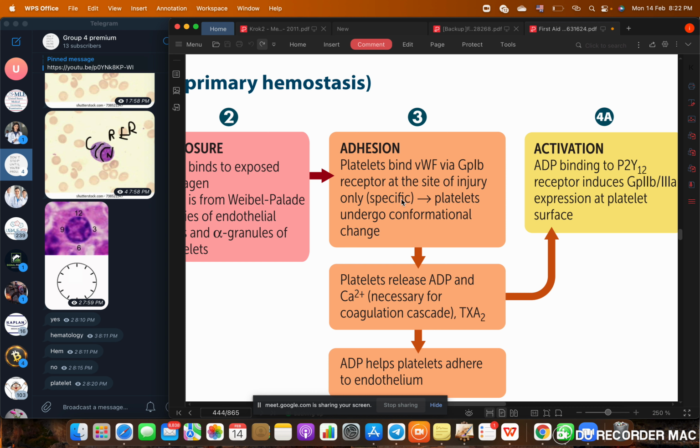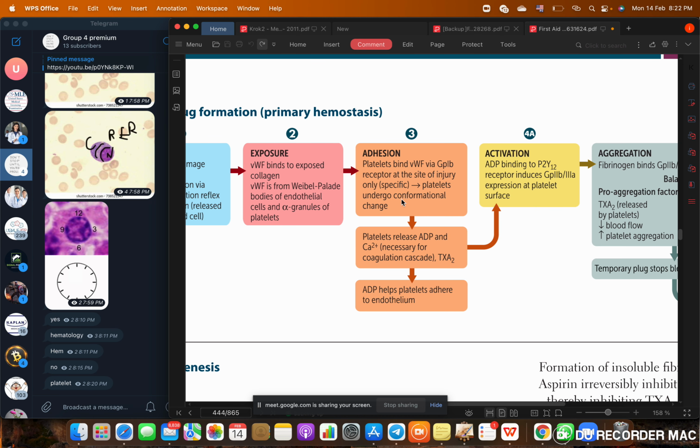A platelet will undergo a conformational change in which they are going to release some substances. So the platelet are going to release an ADP and calcium. Does anybody remember these 2 particles, I mean ADP and calcium, are they secreted from the dense granules or the alpha granules?